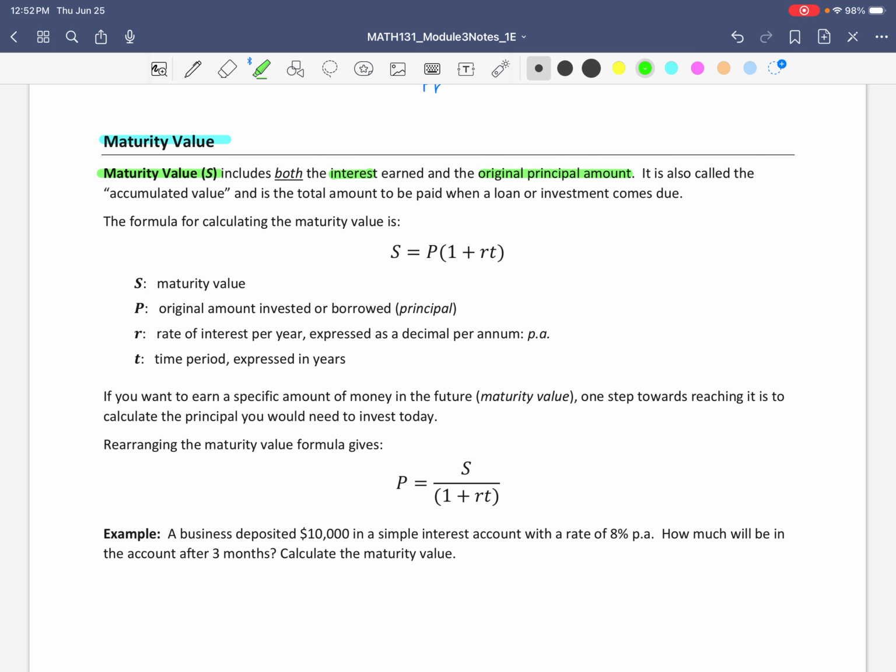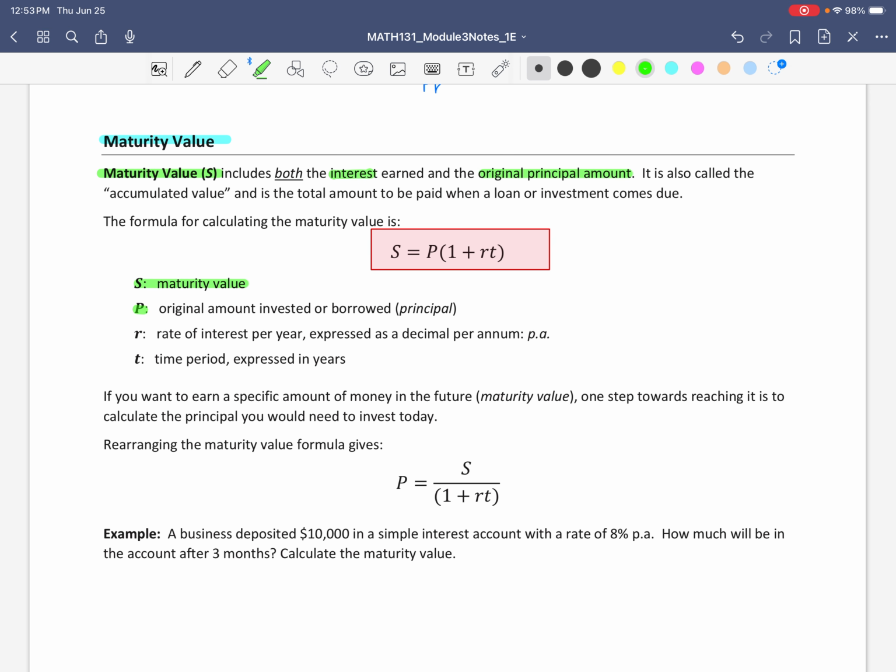So the formula for maturity value is that S is equal to P times 1 plus R times T.